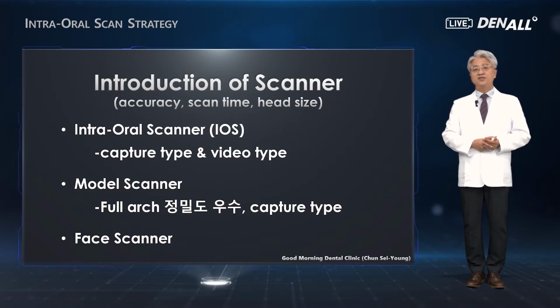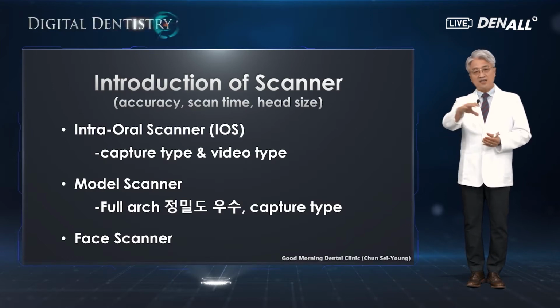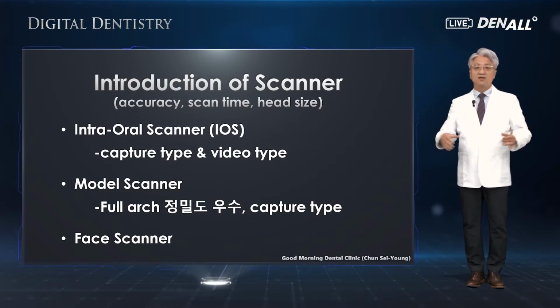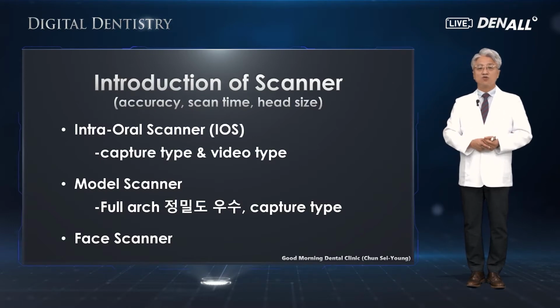The difference between intraoral scanner and model scanner: the precision is similar when it comes to small area, but for full arch or large area scanning, model scanner is more precise.